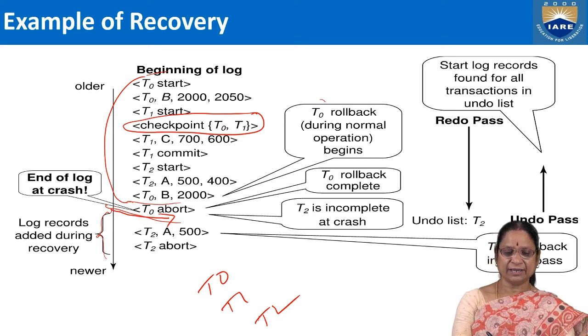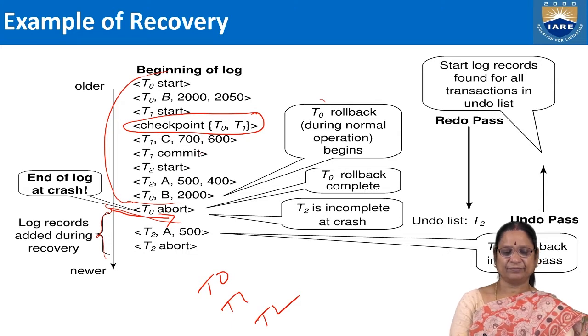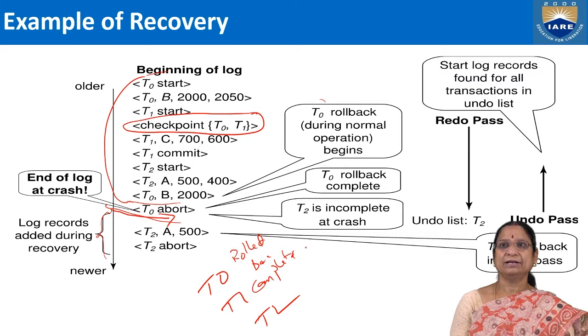Now you observe here, T1 started, and T1 is committed. T0 is aborted, already rolled back. T1 is committed, completed. Understand?